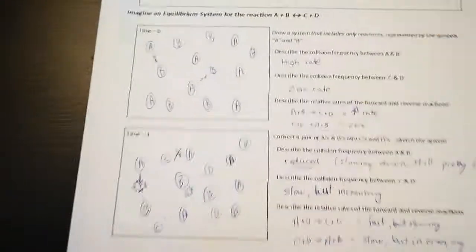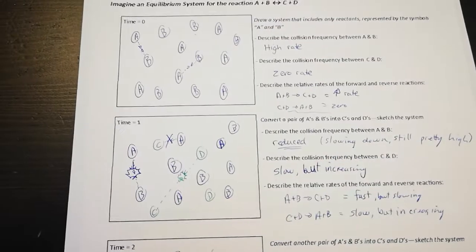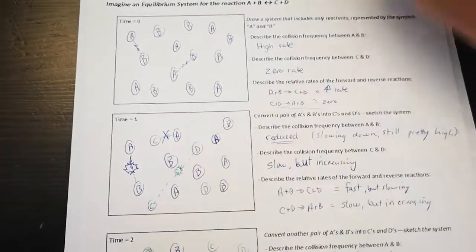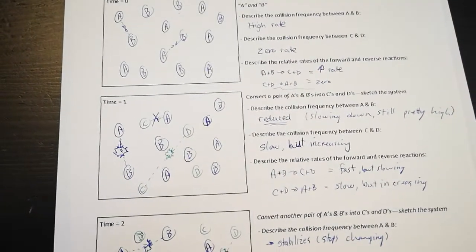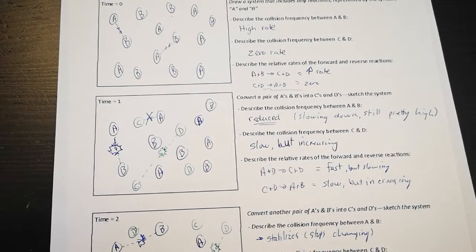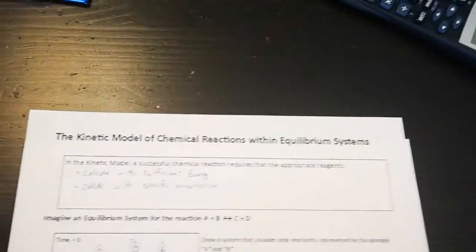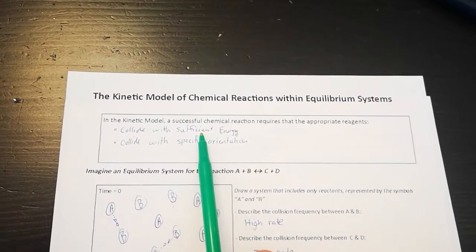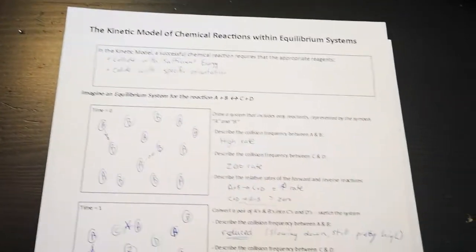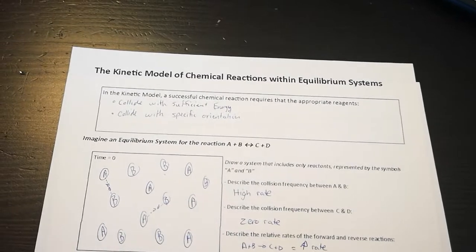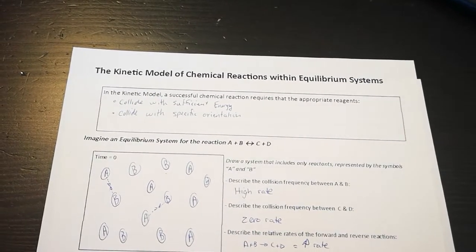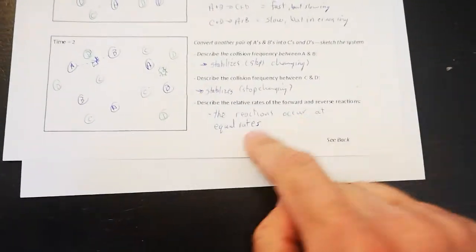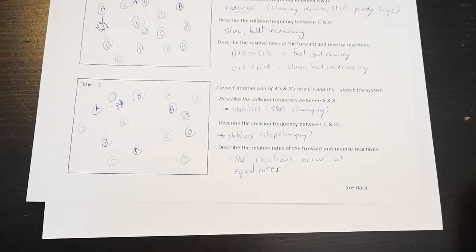So the rate at which A's and B's are pinging off each other and the rate at which C's and D's do, they're both affected by temperature. If more energy is available, one of those two reactions might happen more often. The one that has higher energy requirements will occur more often if more energy is available. So that could cause the point where the rates are equal to change.